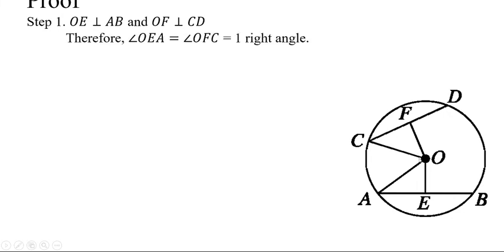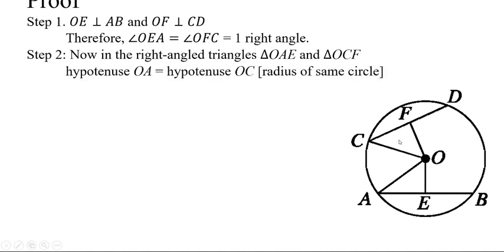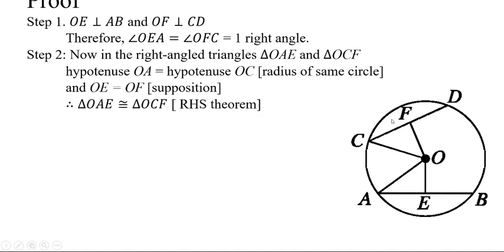Therefore, angle OEA and angle OFC are both right angles. Now, in the right angle triangles OCF and OAE, hypotenuse OA is equal to hypotenuse OC because they are radii of the same circle, and OE and OF are equal by supposition. Therefore, triangle OAE and triangle OCF are congruent. Therefore, AE and CF are equal.